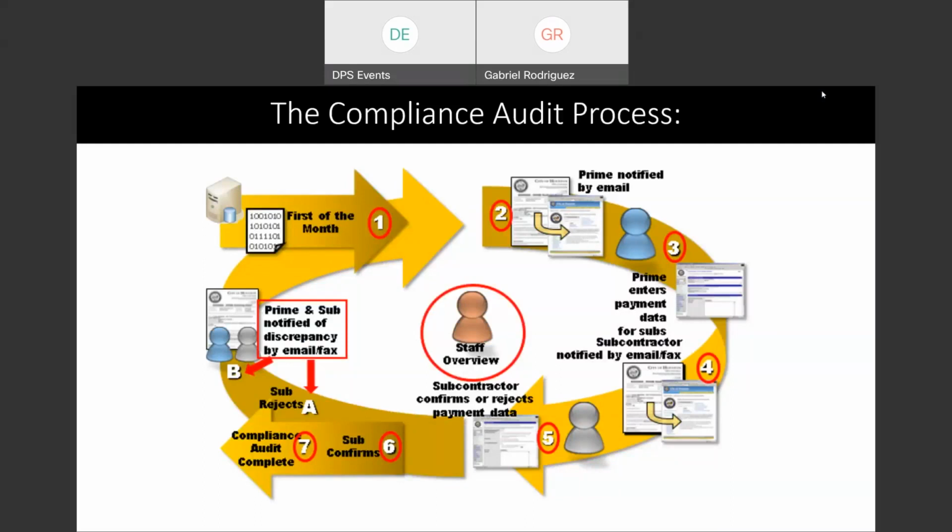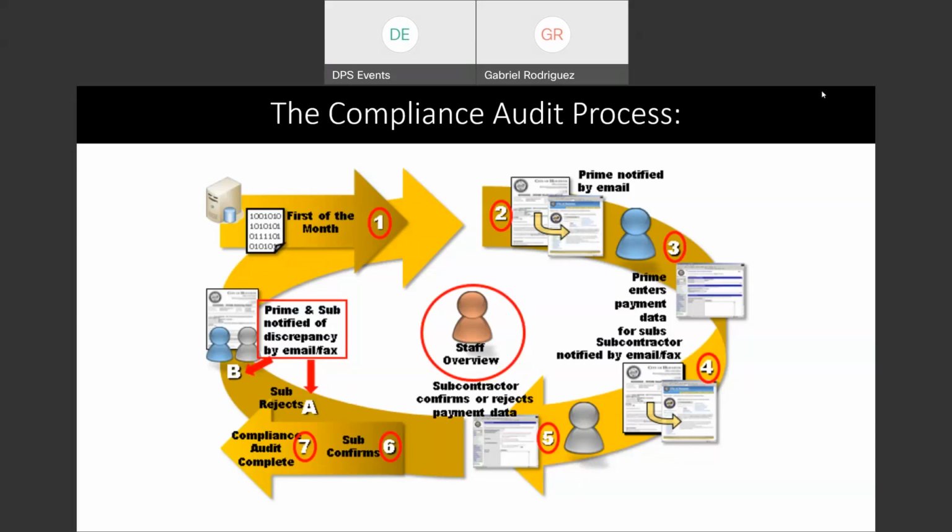When the payments are compiled on a monthly basis per contract, they are uploaded overnight through a processing cycle, and once the payment is posted, a notification is sent to the prime to notify them of the monthly payments.